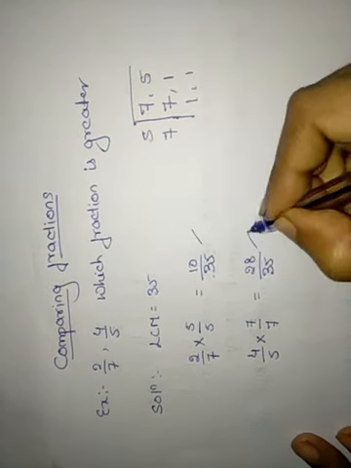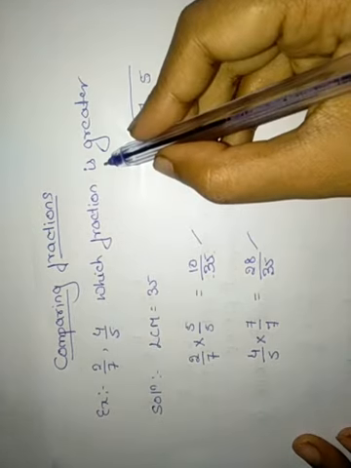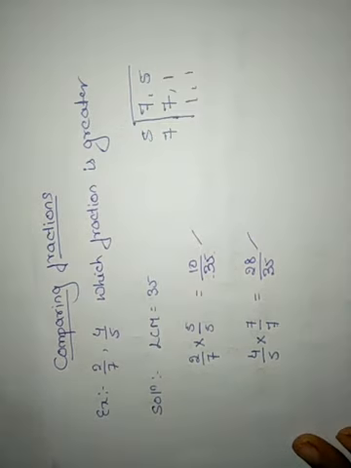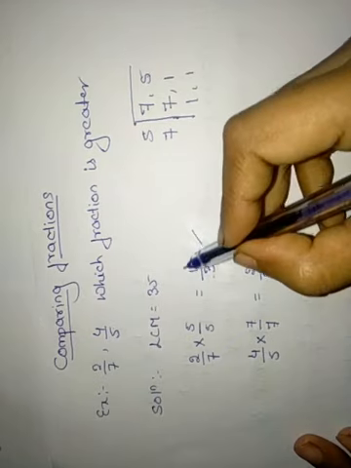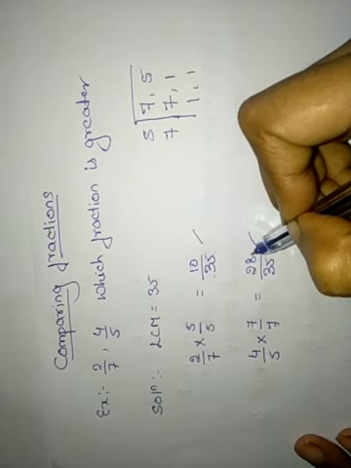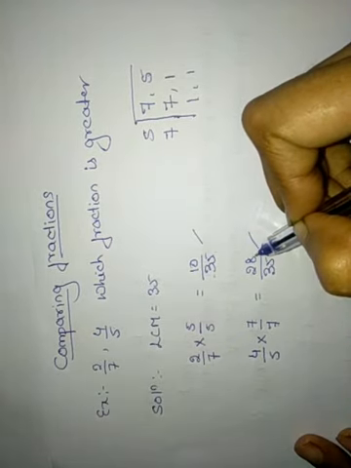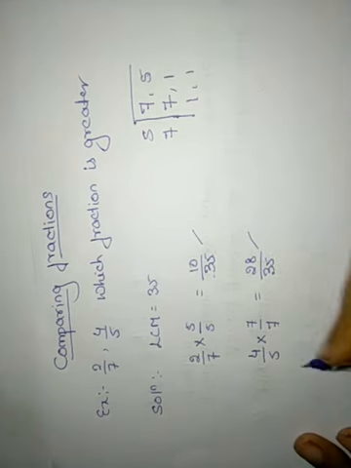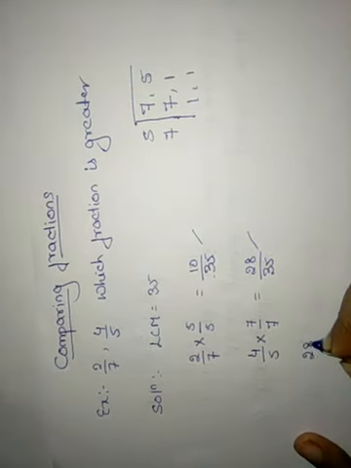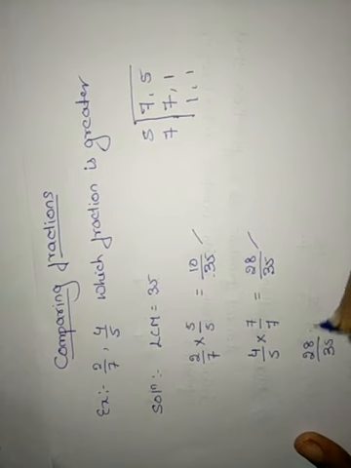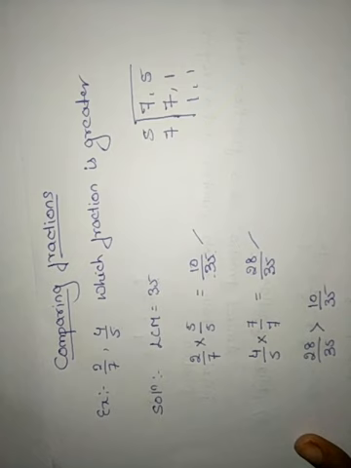We got two fractions here, right? Here they have asked us to find which fraction is greater. For that, we have to observe the numerator value. Which numerator value is greater? 28 is greater, no? So we write 28 divided by 35 is greater than 10 divided by 35.